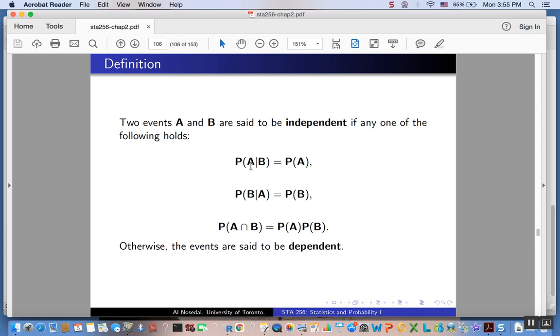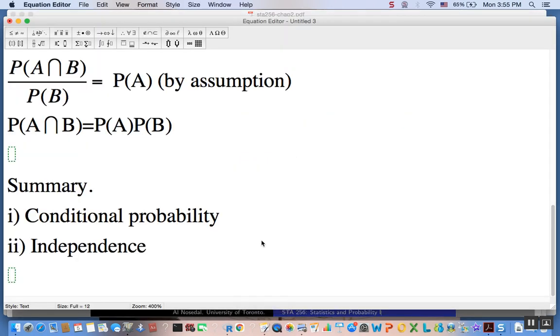Probability of A given B equals probability of A, then A and B are independent. Probability of B given A equals probability of B, then A and B are independent. Or if the probability of the intersection of A and B equals the probability of A times the probability of B, you have shown that A and B are independent. It is just that simple.